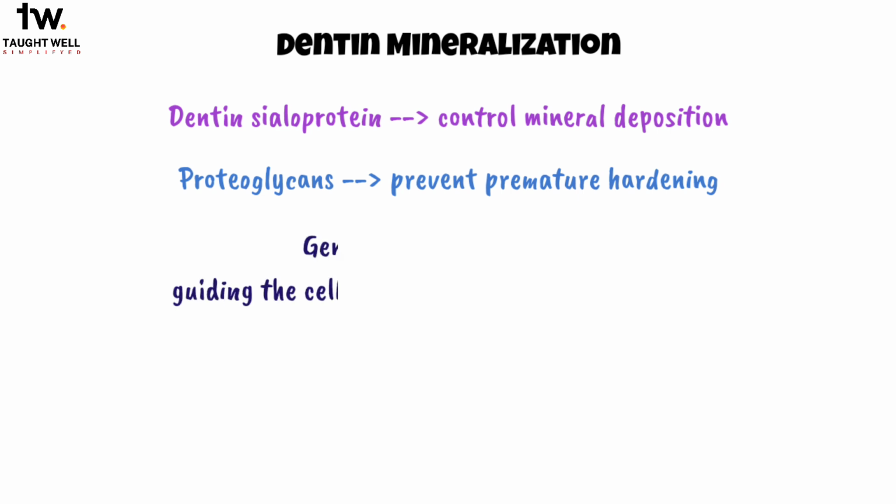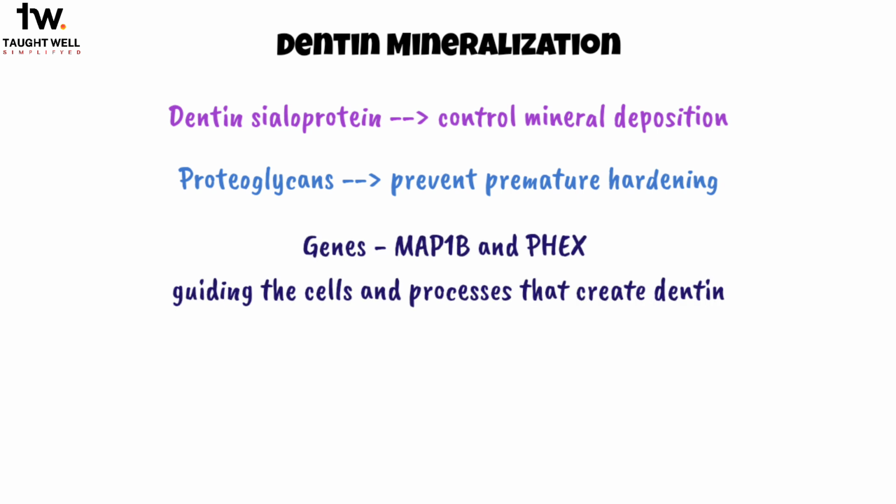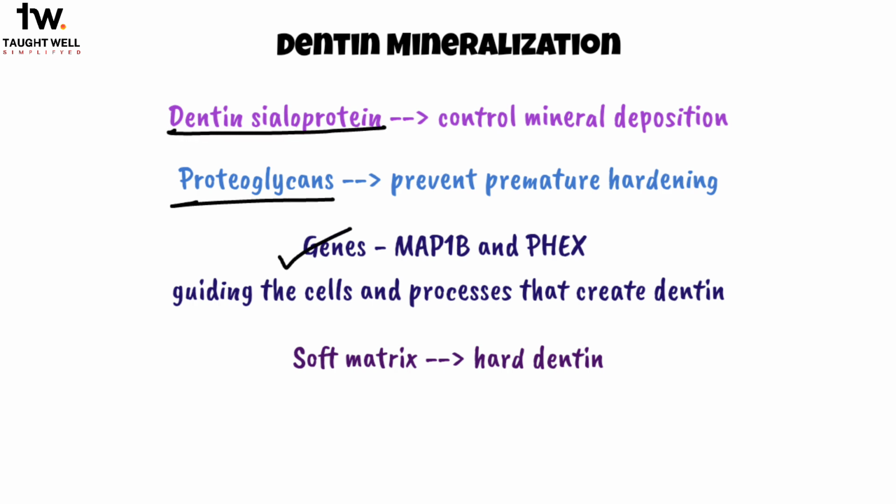Genes like MAP1B and PHEX are essential for guiding the cells and processes that create dentin. Dentin mineralization transforms a soft matrix into hard dentin using tiny hydroxyapatite crystals. This process is controlled by specific proteins and genes, ensuring dentin forms correctly and stays strong.